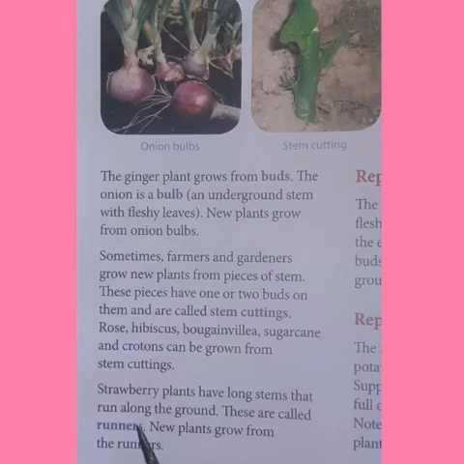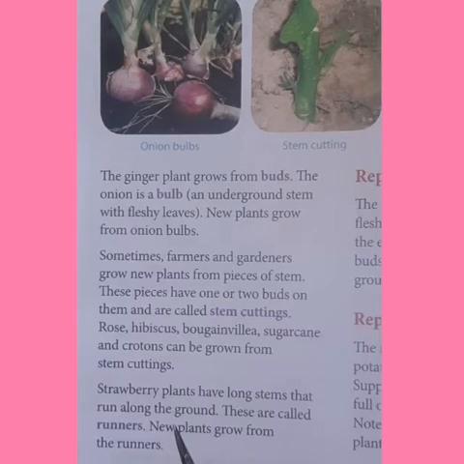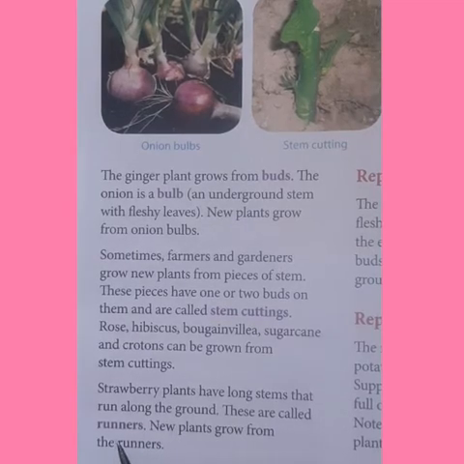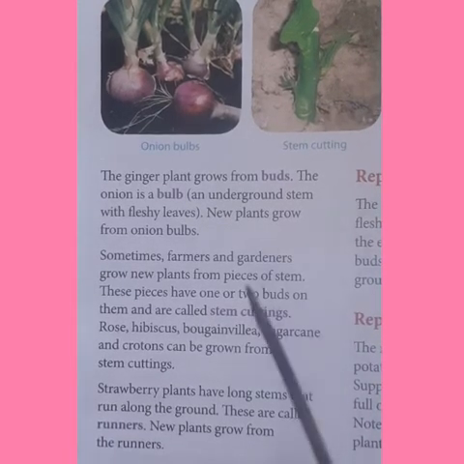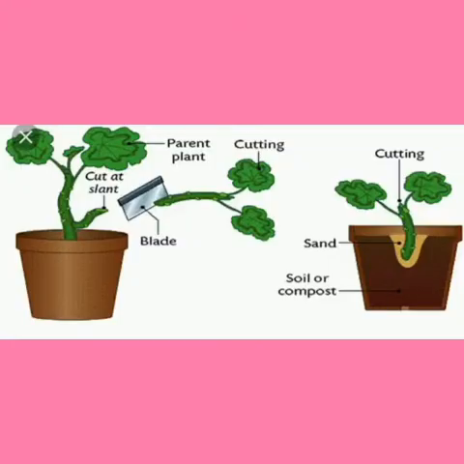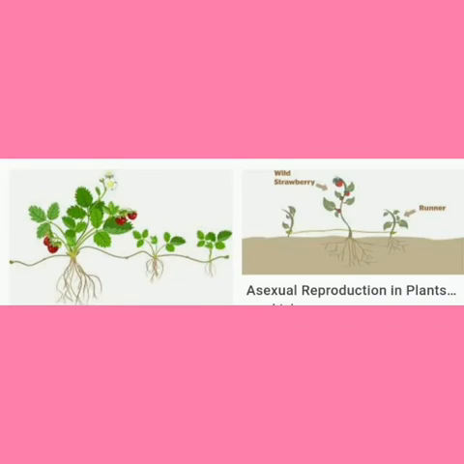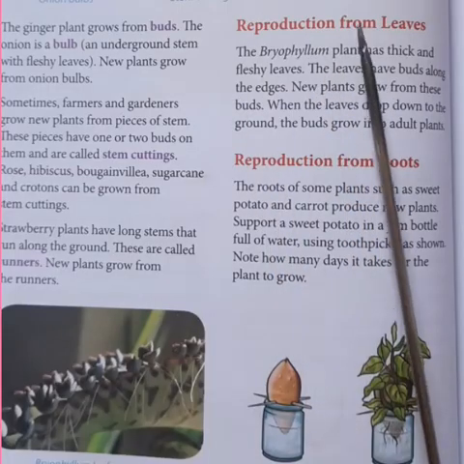Strawberry plants have long stems that run along the ground. They are called runners. Many plants have long stems, like strawberry, which run along the ground, and they are said to be runners. New plants grow from the runners. Okay. Reproduction from leaves.